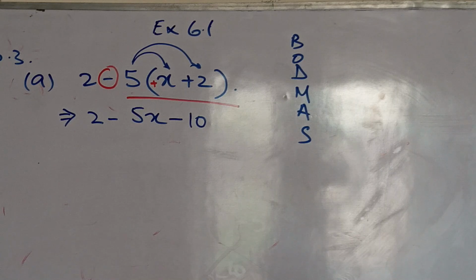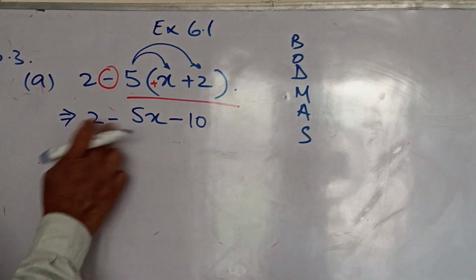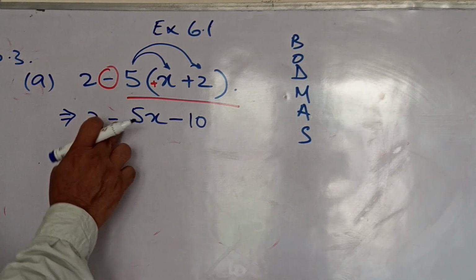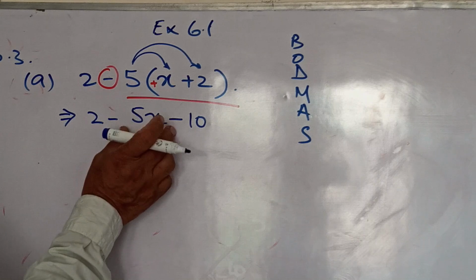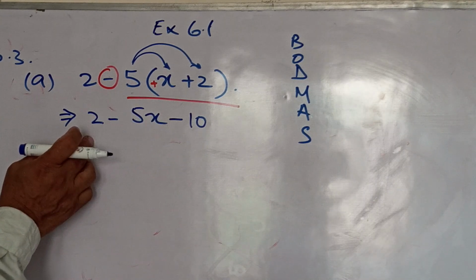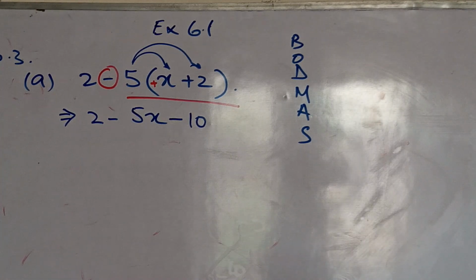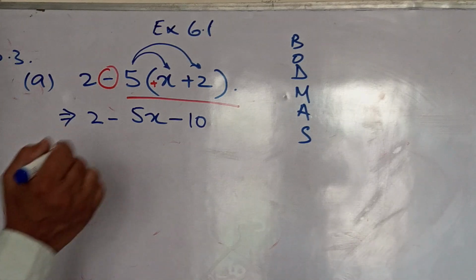Now you see, we cannot subtract this 5x from 2, because we can always add or subtract only like terms, one kind of terms.